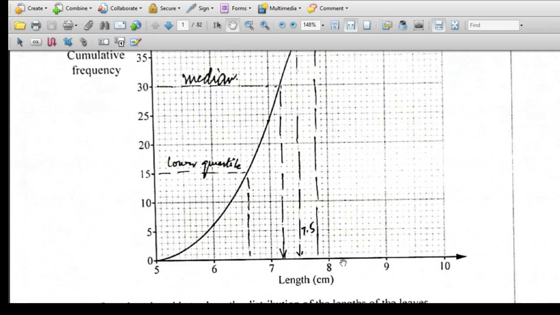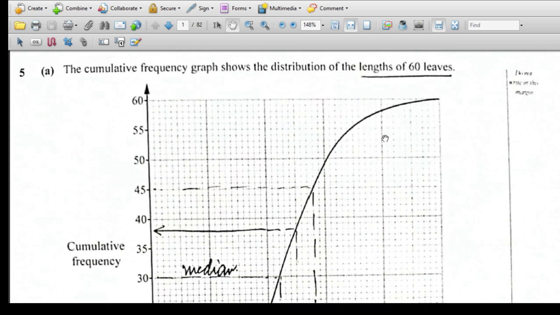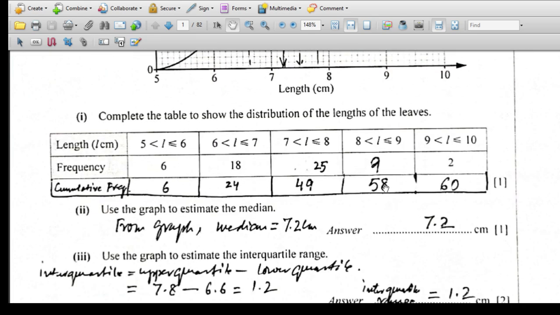In 8 to 9, we see the value at 9. At 9 the graph was crossing at 58, so we write 58 here, and the difference between 49 and 58 is 9.